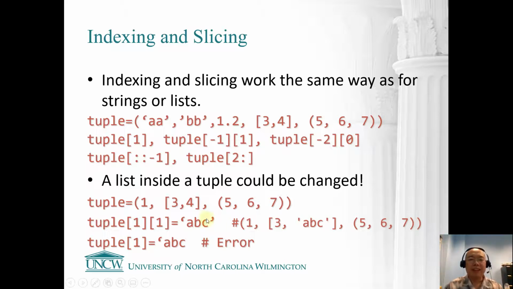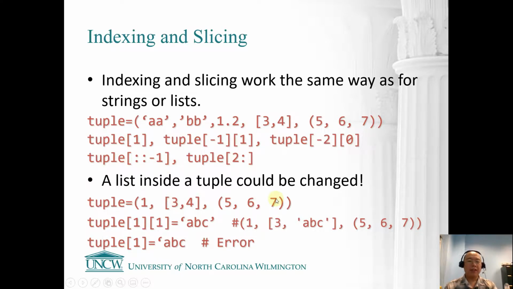Okay, and then how about the tuple 2 to the end? Well, 2 is the start point, so the index 2 will be included, and then where does this slice finish? It will finish at the very end. So we are taking the index 2 and then all the values until the very end. Okay.